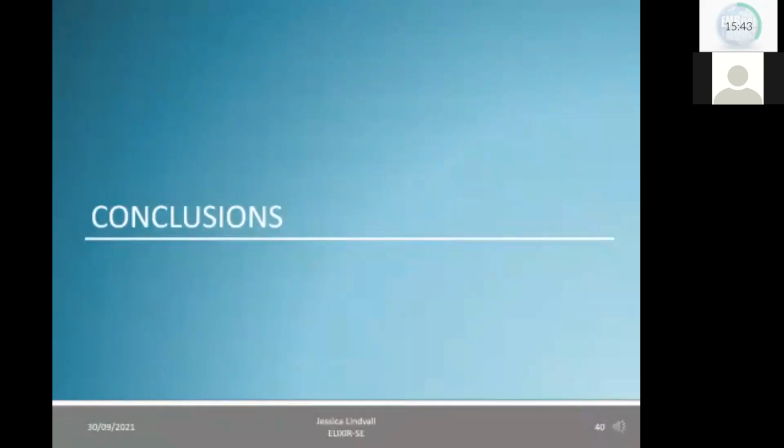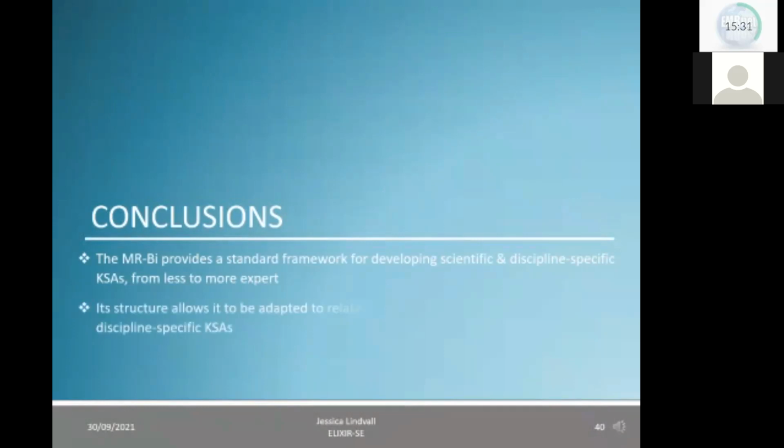So just to conclude, the Mastery Rubric provides a standard framework for developing scientific and discipline-specific KSAs, from less to more expert. The structure of the Mastery Rubric for Bioinformatics allows it to be adapted to related disciplines simply by changing its discipline-specific KSAs.